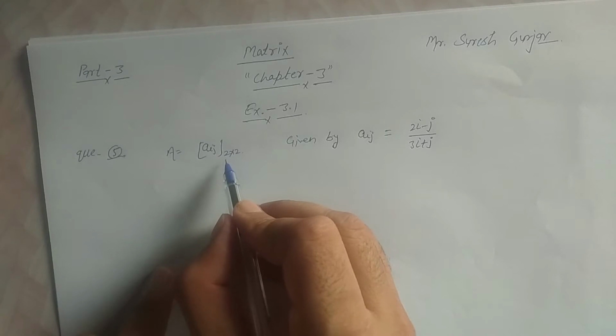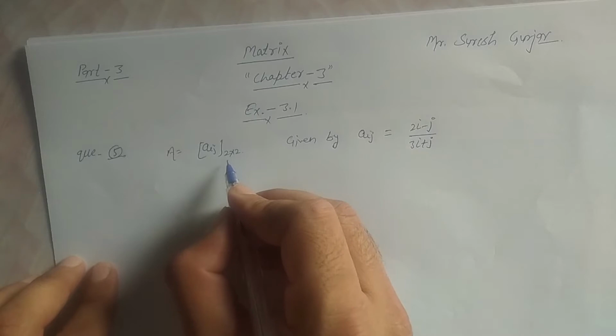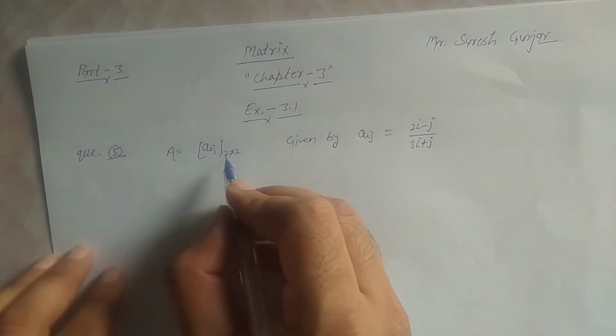Find the matrix A. The order of matrix A is 2 by 2.